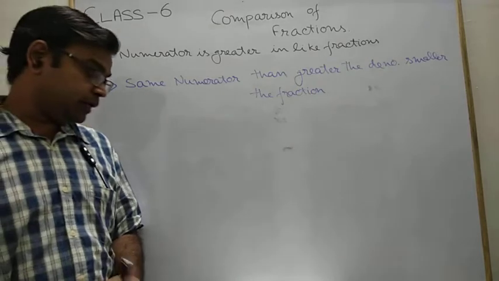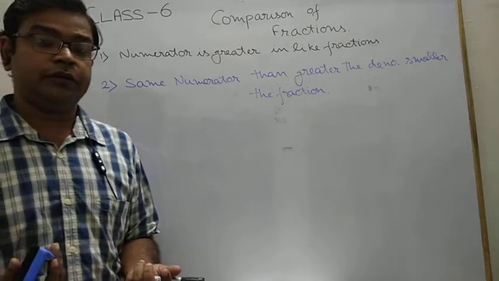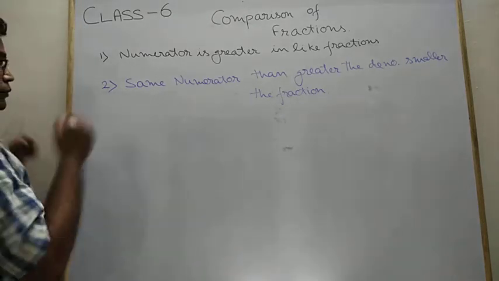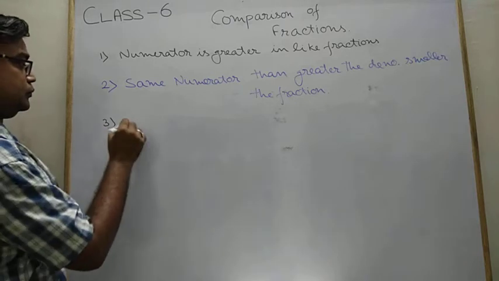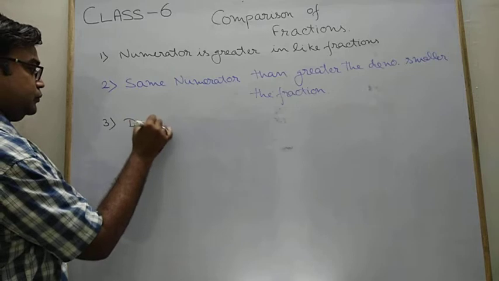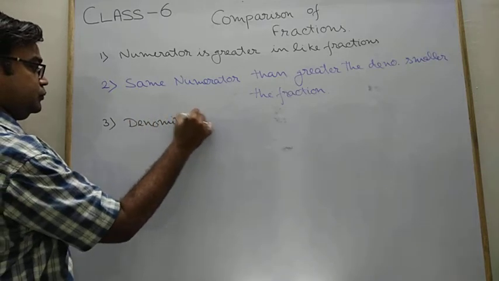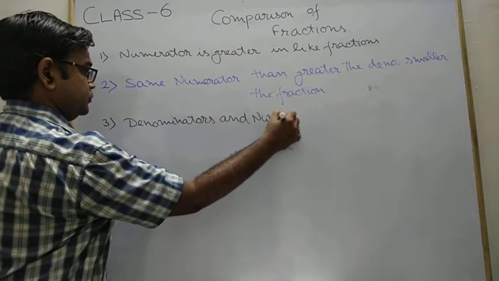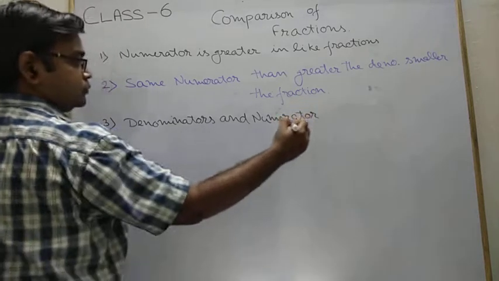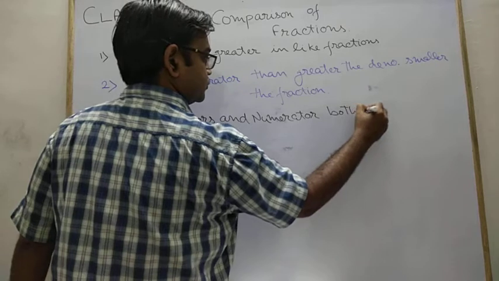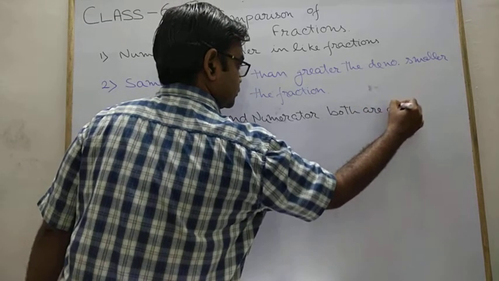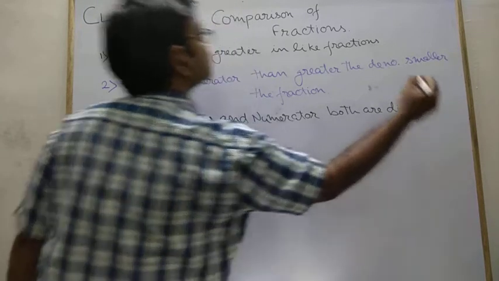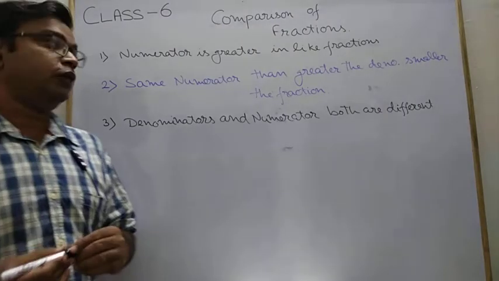Now what happens if both the numerators and denominators are different? How will we check?